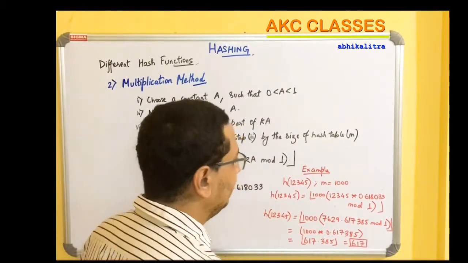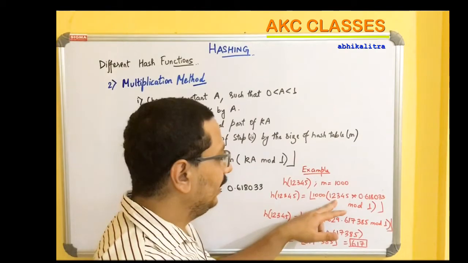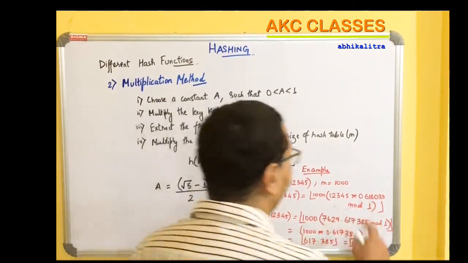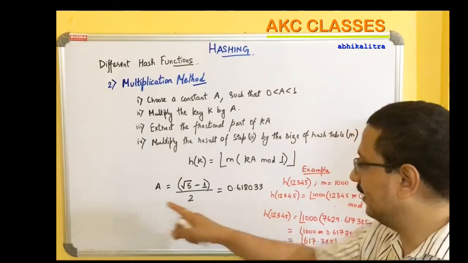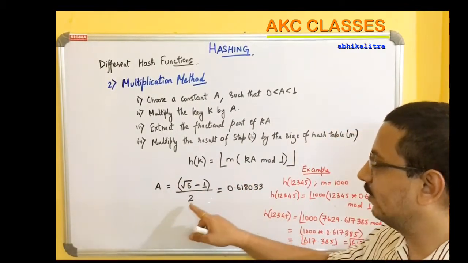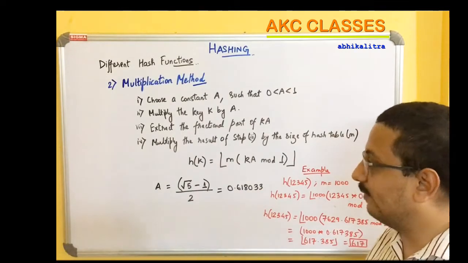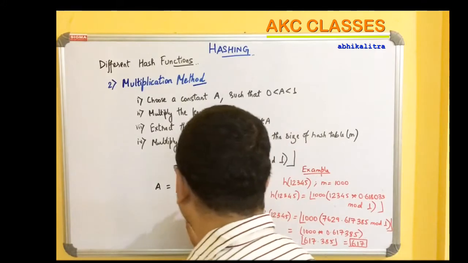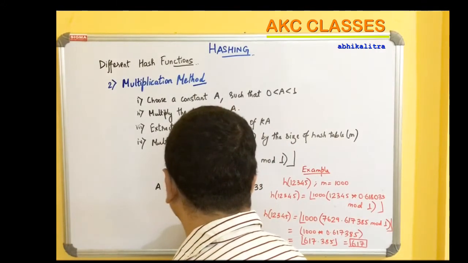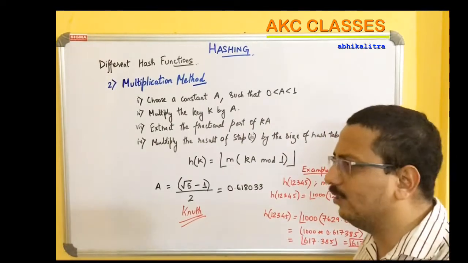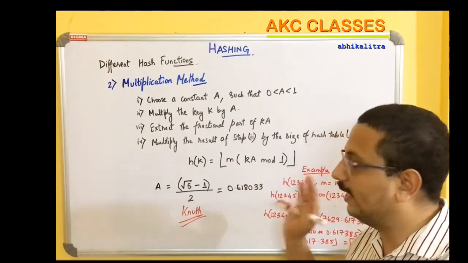So we first multiply 12,345 with a value of a. This a value comes from this calculation, root 5 minus 1 whole divided by 2. Now you may ask what this value is and how it is obtained. This value is given by Knuth. You can take any value you want; it is not necessary to always take this value.